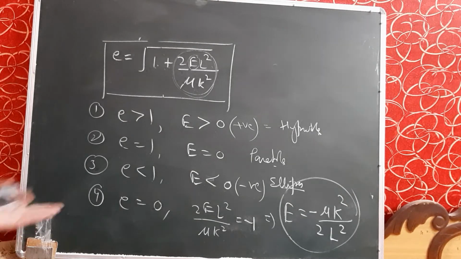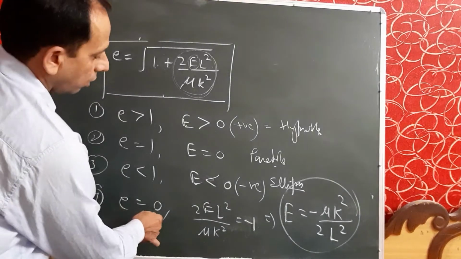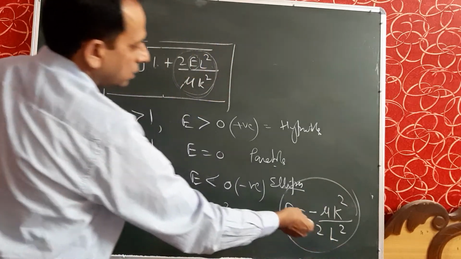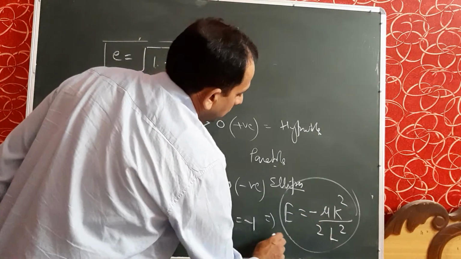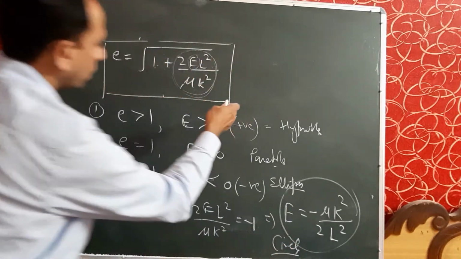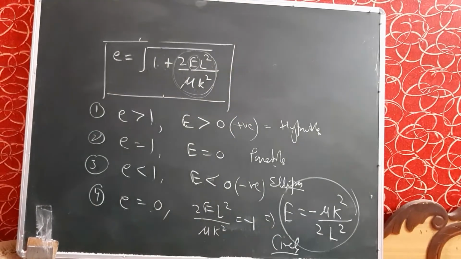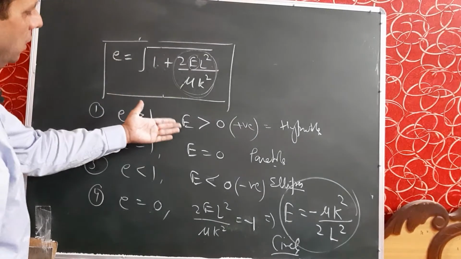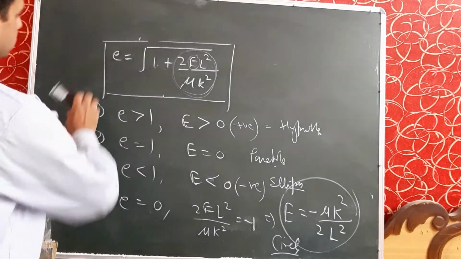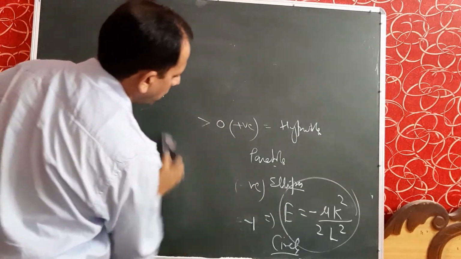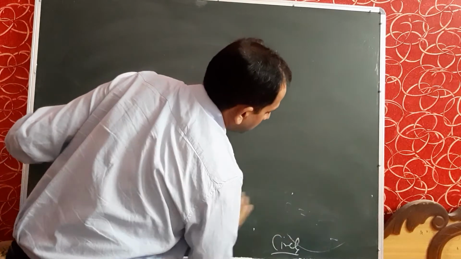And last, when e is 0, or E is just a negative constant value, at this value the path followed by the particle is a circle. So these are again 4 conditions, but in terms of energy. The same article we have solved in terms of energy. This is an important formula for eccentricity in terms of energy.